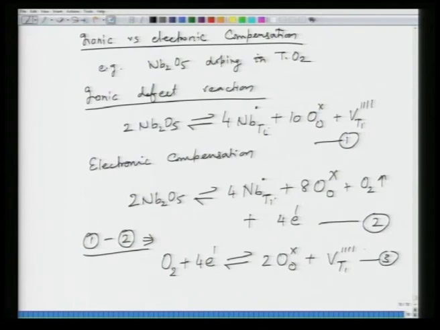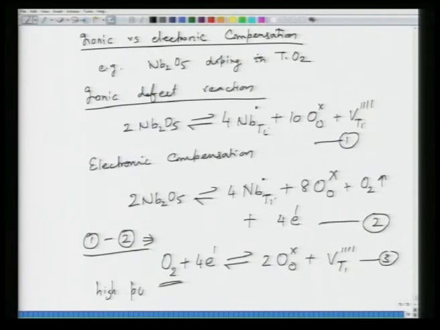So, what this tells you is that as you increase the partial pressure of oxygen, the reaction will move in the forward direction, which means at higher partial pressure of oxygen, your formation of titanium vacancies is going to be preferred. Similarly, if you have lower pressure of oxygen, the reaction will push into the backward direction, which means electronic compensation is going to be favored.